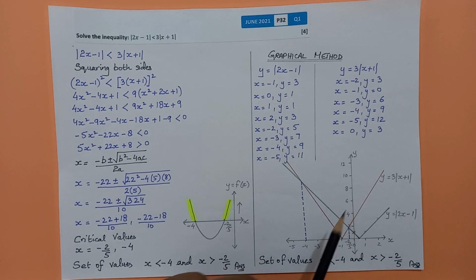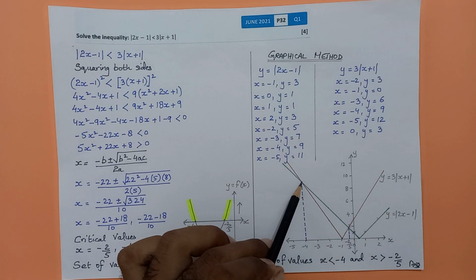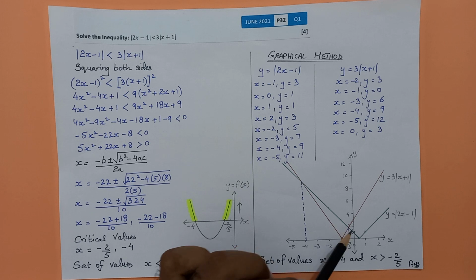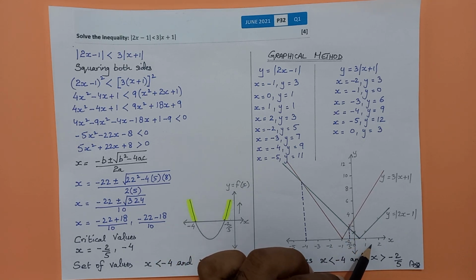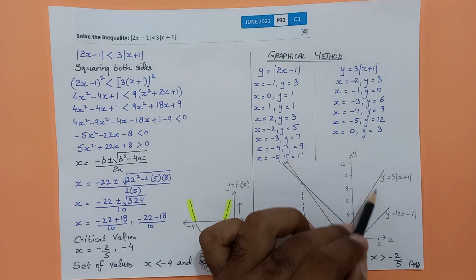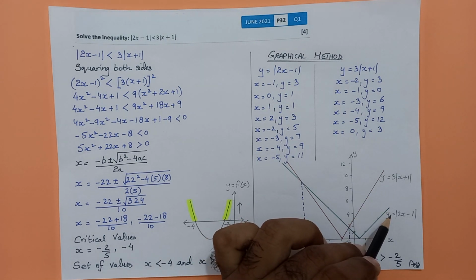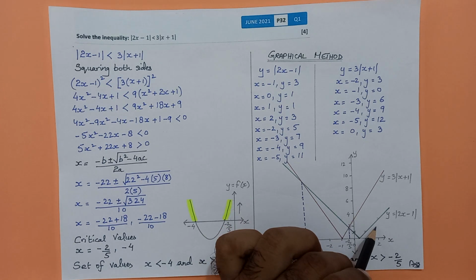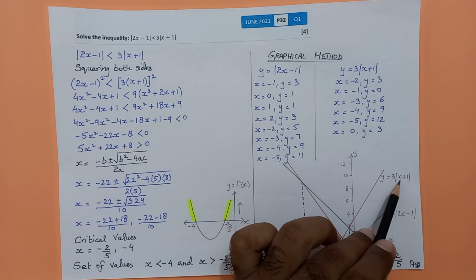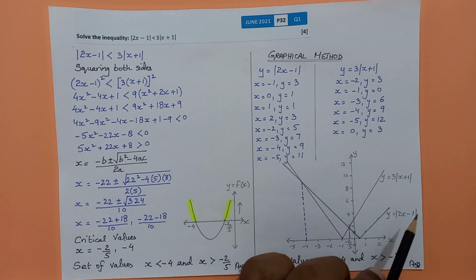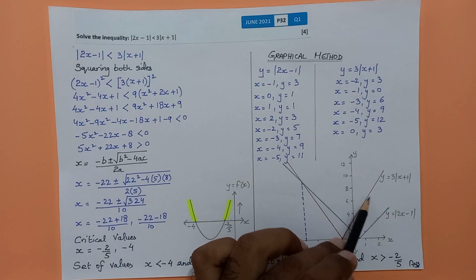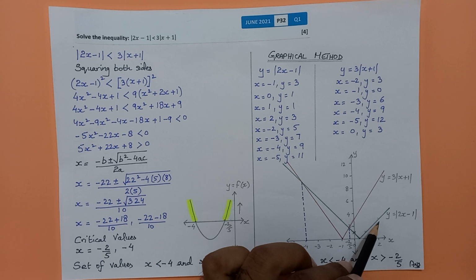If we observe the graph, these are the two intersection points, and if we take any value greater than minus 2 upon 5, it is observed that the red line is above the green line. When we say the red line is above the green line, that means this 3 modulus x plus 1 is greater than the modulus of 2x minus 1, because the red line is above the green line.